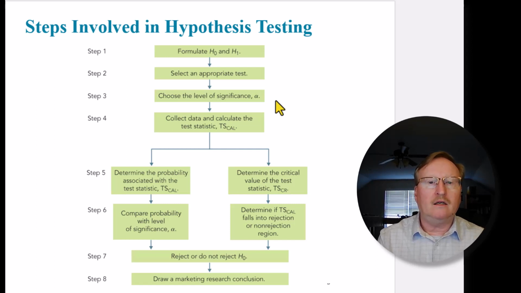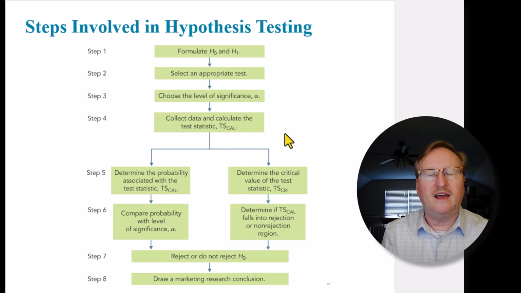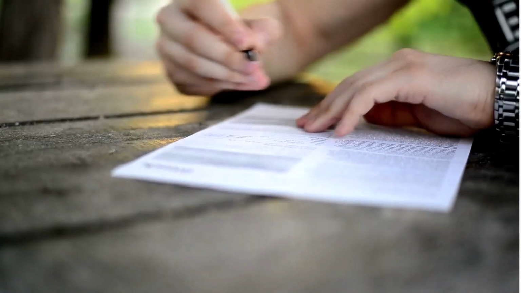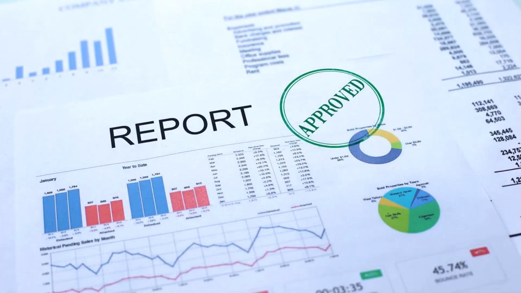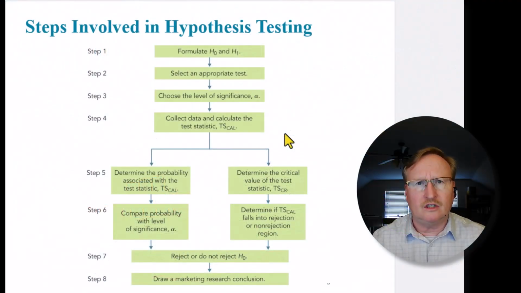Collect data and calculate the test statistic. Okay, so obviously if you're really doing real research, that's the bulk of what you're doing, right? Maybe you've got a survey, maybe you've got some secondary data where you've got it off the internet, or you've got it from a reputable source like the U.S. Census Bureau, something like that. This is all your data.